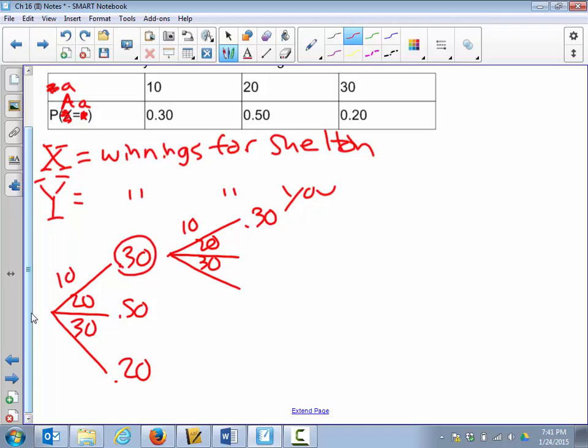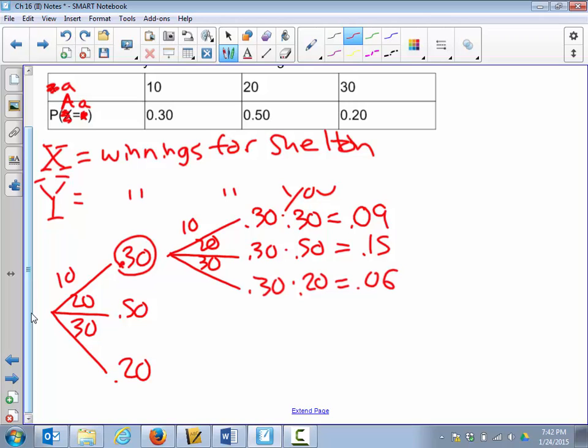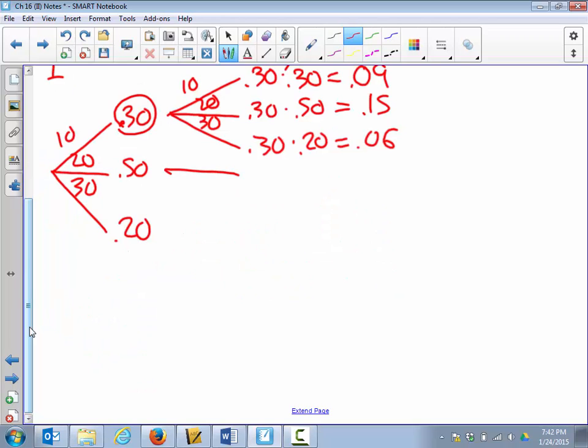The first branch, 30% times 30% for you being likely to win $10 as well, takes us to a combined probability of 9% that we both win $10. The next leaf would be 30% times 50%, which is 0.15, and 30% times 20%, which is 0.06. Notice 0.09, 0.15, and 0.06 total to 0.30, which is what we're looking for.